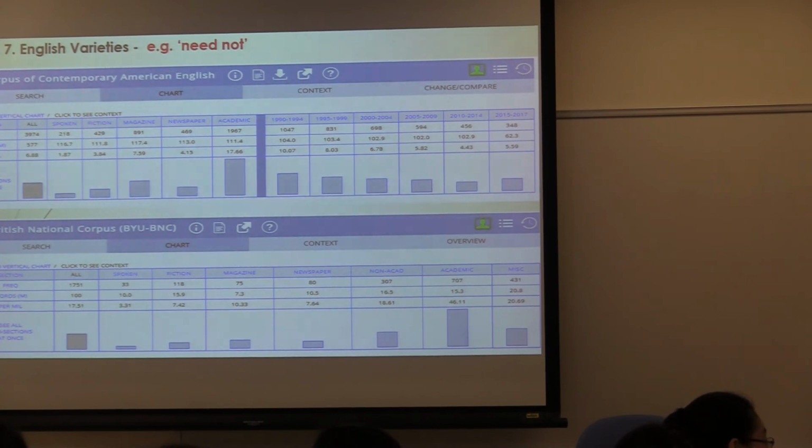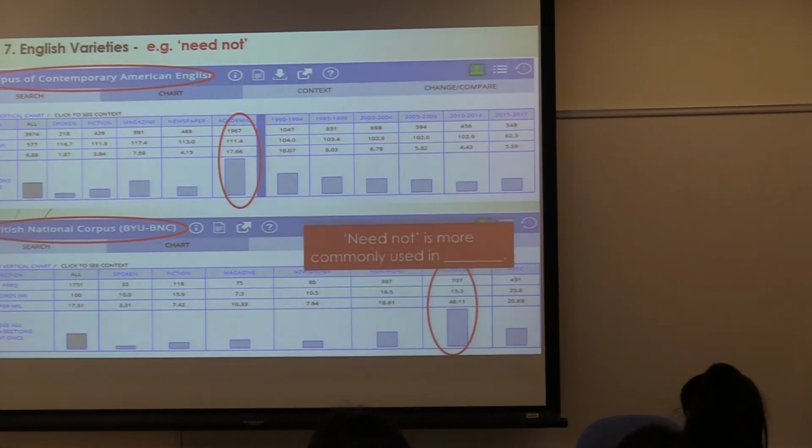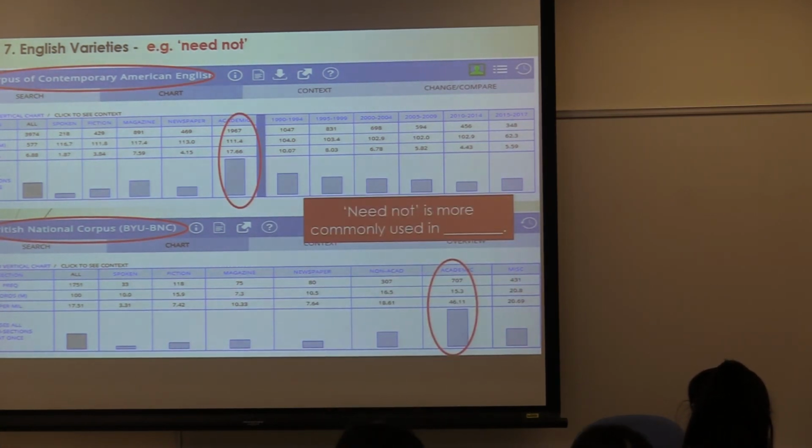But if it's used as a modal verb, then you simply add the word not after it. So you need not do it. So need not is more commonly used in British English.